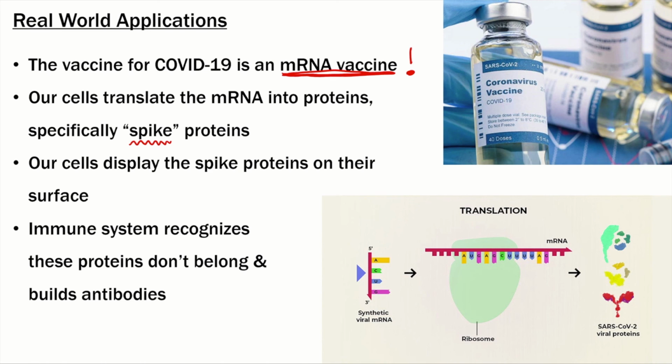It's an invader. So they'll make antibodies so that we can recognize this spike protein again in the future. Then if the virus enters the body, the antibodies will recognize that spike protein and attack the virus and ultimately prevent us from getting coronavirus.